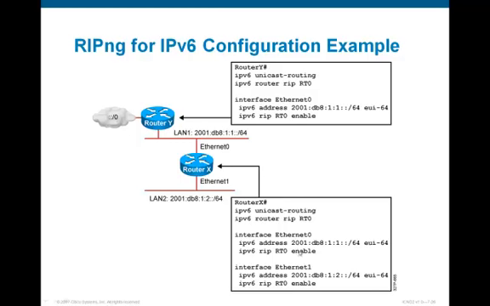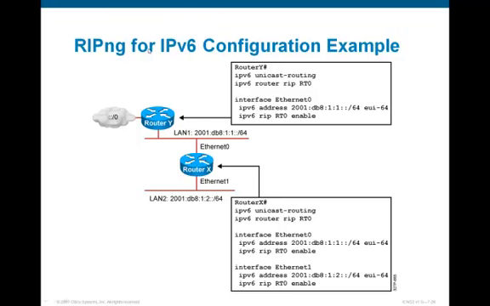Likewise, at the other router, we enable router RIP using the command ipv6 router rip RT0, and then at the respective interfaces we enable the RIP function, ipv6 rip RT0 enable.